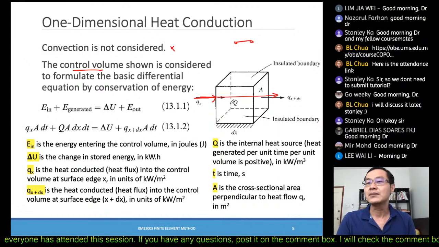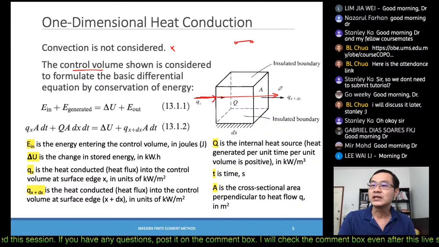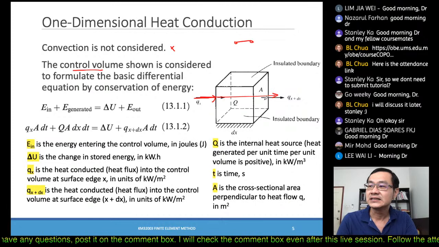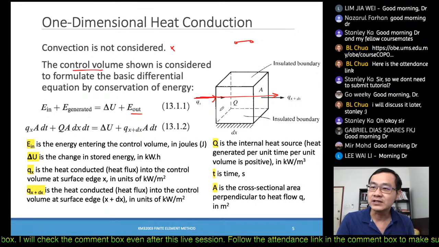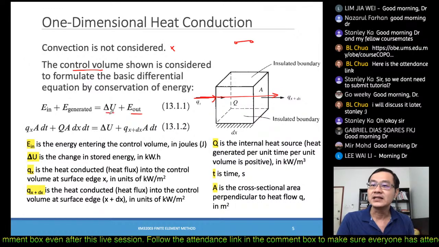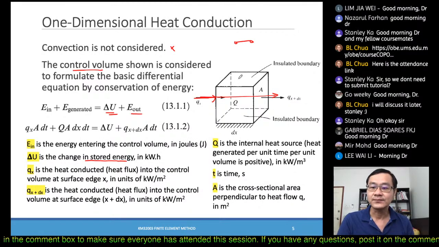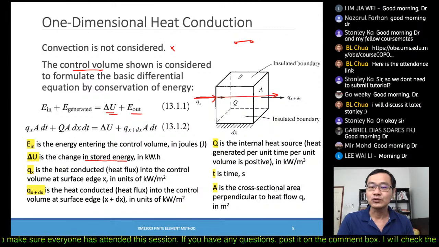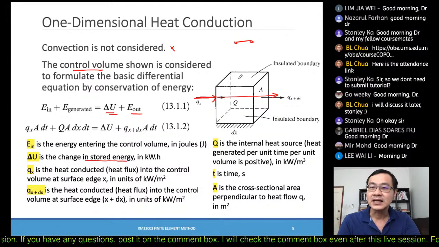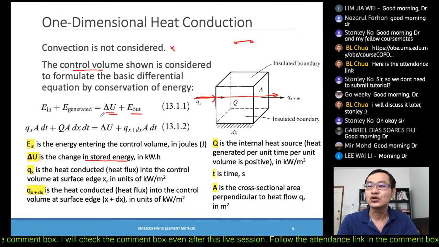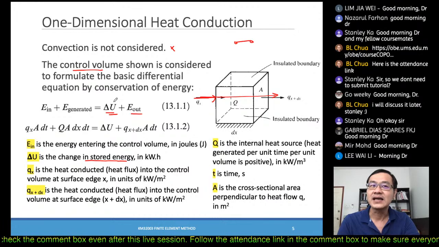It should equal the output, the energy out, plus whatever is stored inside, the energy stored in the element itself. So whatever we enter minus the output will become the generated part and also whatever energy is stored.